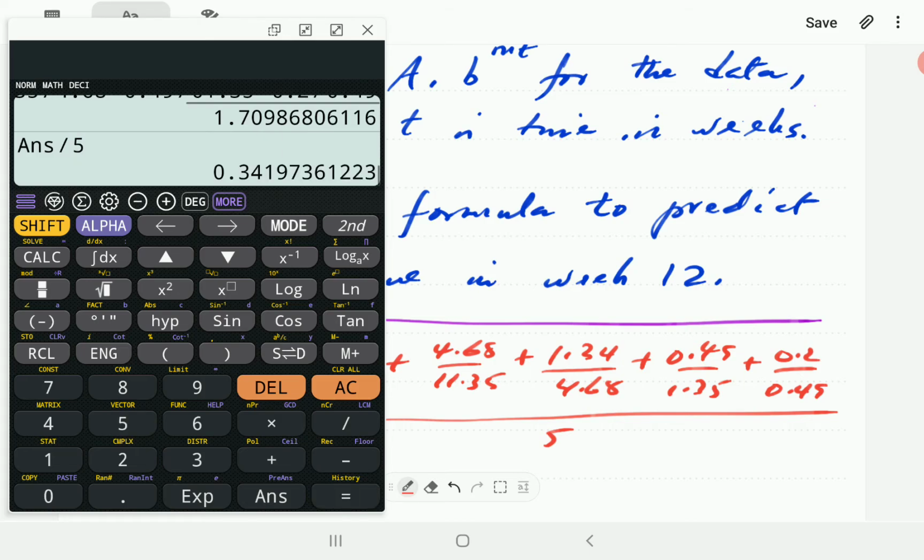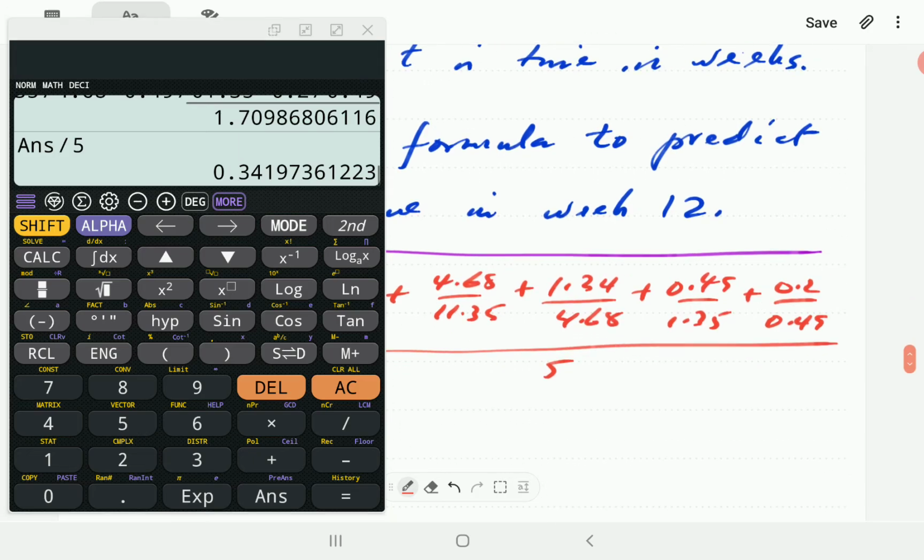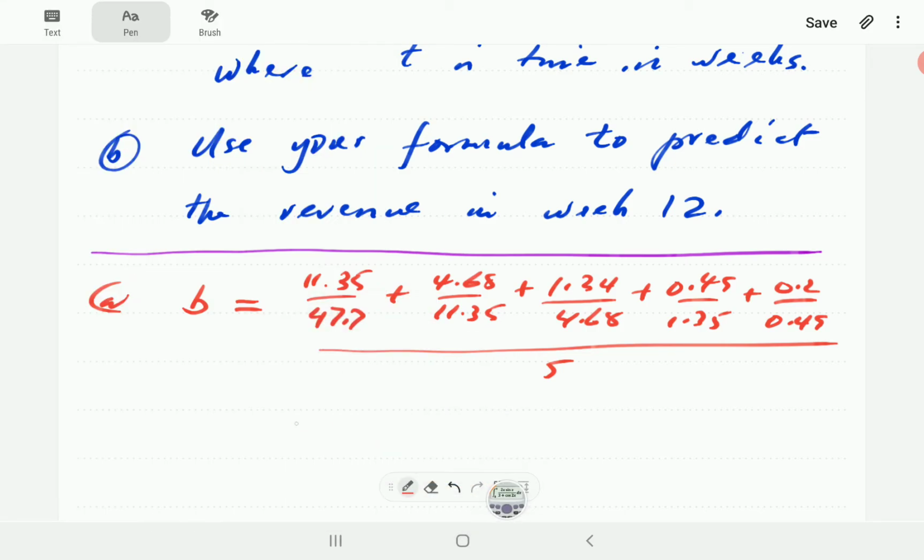So we have got 0.34197. I'll just keep it exactly as it is in the calculator, but for the sake of our write up, 0.34197.